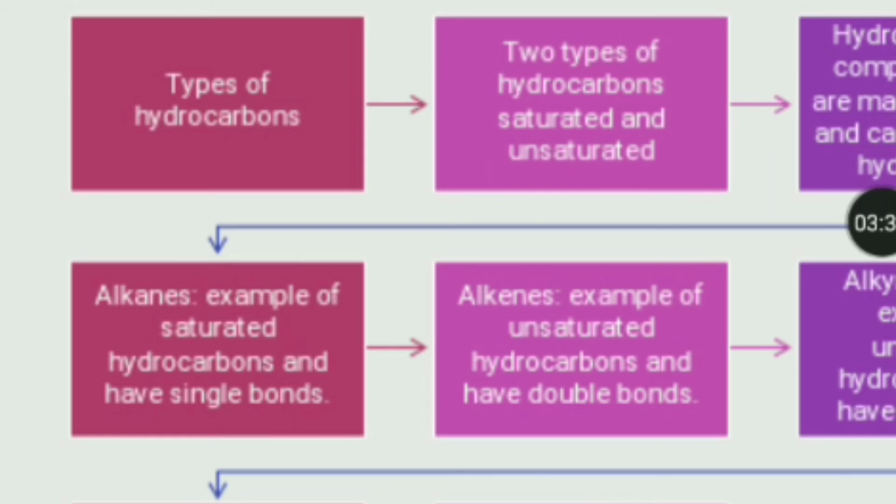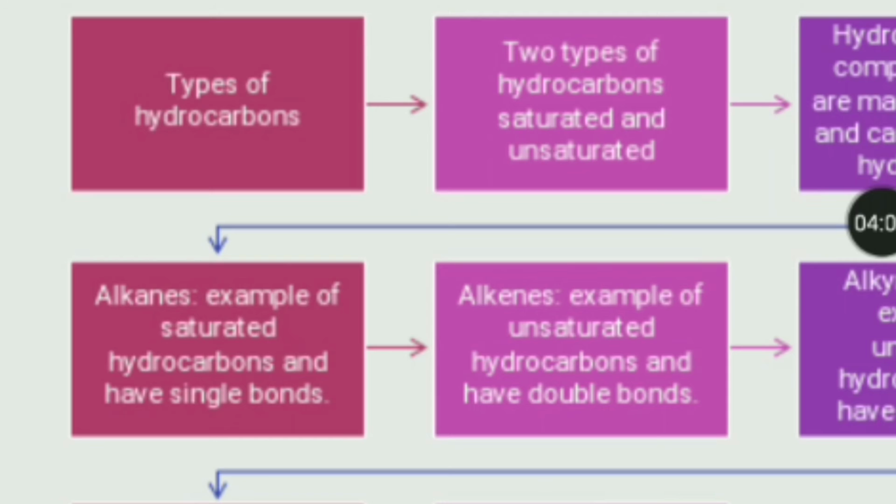We will do the naming in further videos. Till then, you should practice the hydrocarbons and try to study the structure of diamond and graphite from your NCERT book. There is a difference in structure, that's why there are two different allotropes of carbon, diamond and graphite.